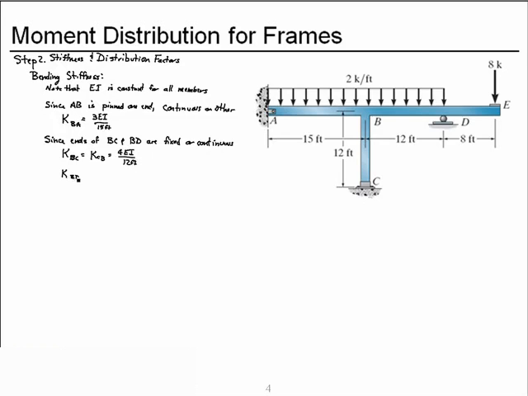And for member BD, it is 4 EI over the length, which is also 12 feet. Now, you'll notice that we've not calculated stiffness for member DE, and that's because it's cantilevered. When node D gets released, member DE has no stiffness to draw moment, and so we just won't calculate it. So now we're ready to find the distribution factors.